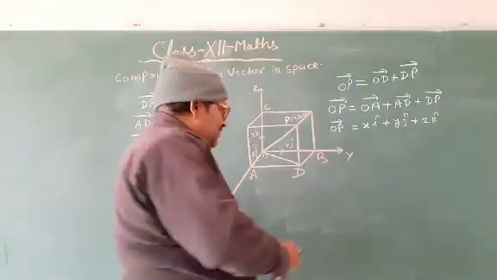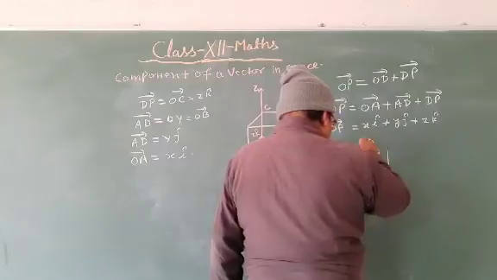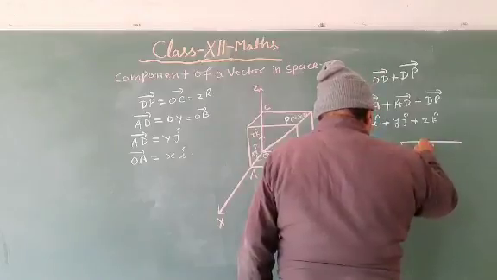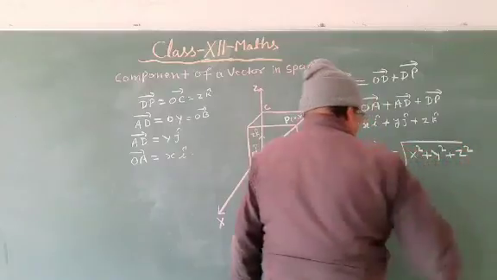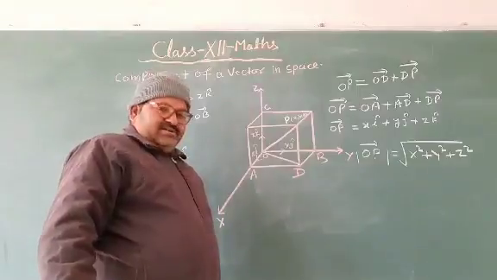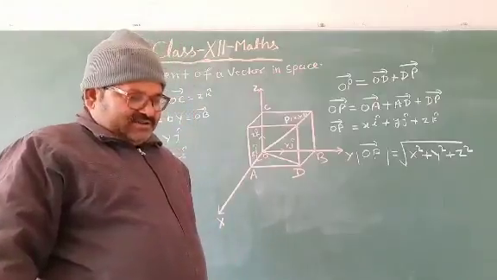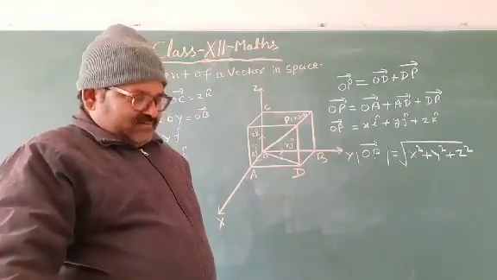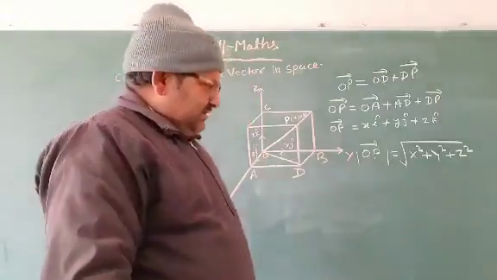So the modulus of vector OP equals the square root of x squared plus y squared plus z squared. This is the component of a vector in space. Clear?